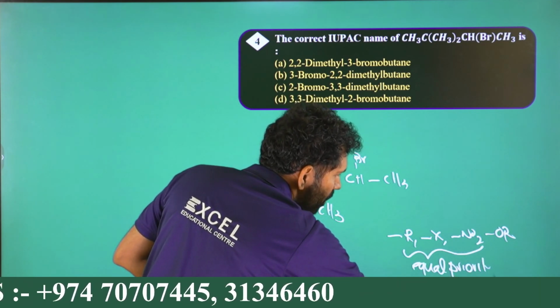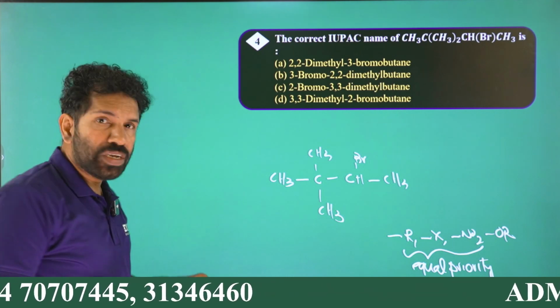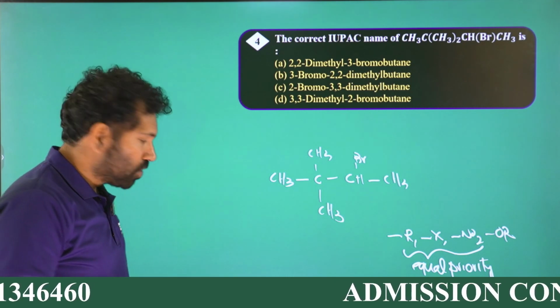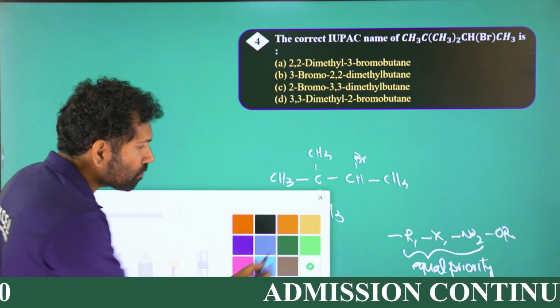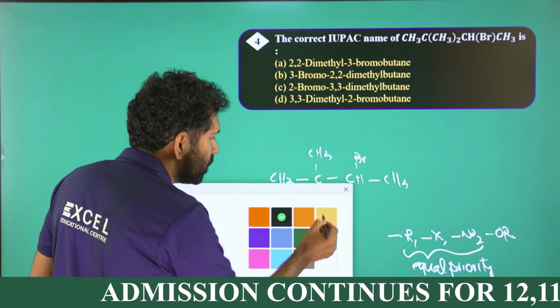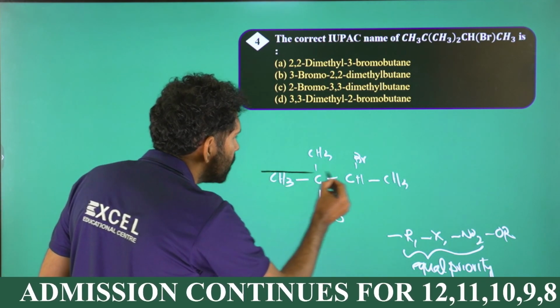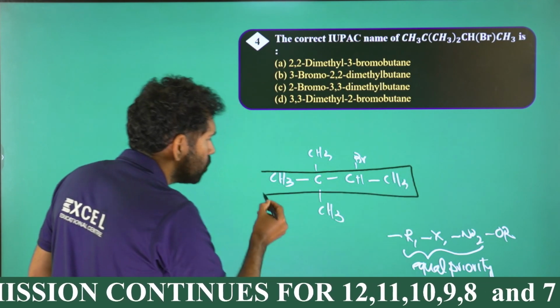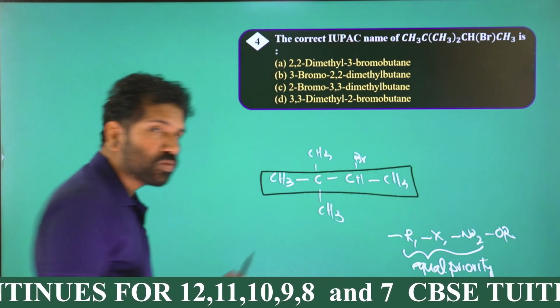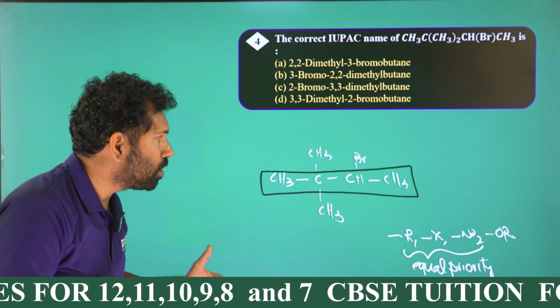When they have equal priority, what will we do? We have to start numbering from the side nearest to the branch. Here you can see bromine as well as methyl group all have equal priority.